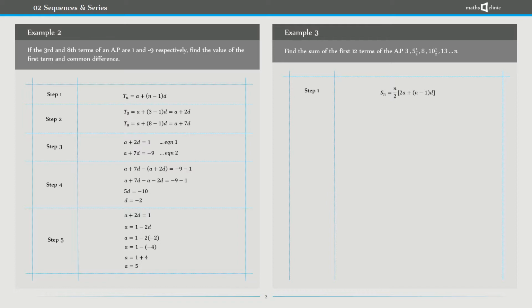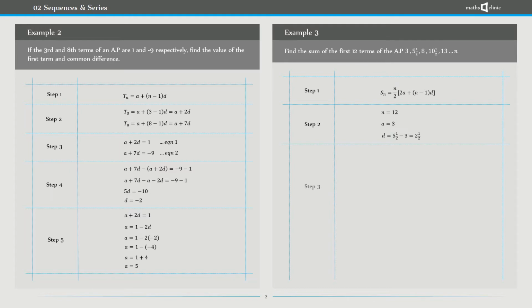So this is the formula for finding the sum of an AP, and we identify our parameters. We have n, in this case 12, because we've been told to solve for the sum of the first 12 terms of the AP. Then a, which is our first term, equals 3, and d, our common difference, equals 2.5.